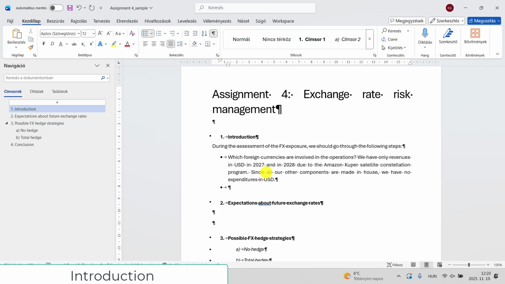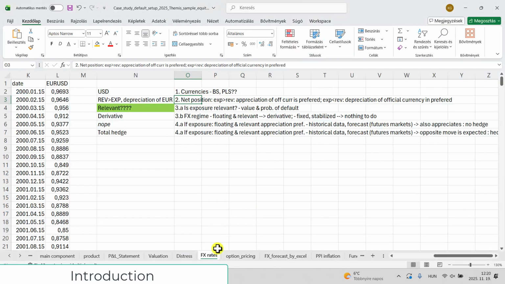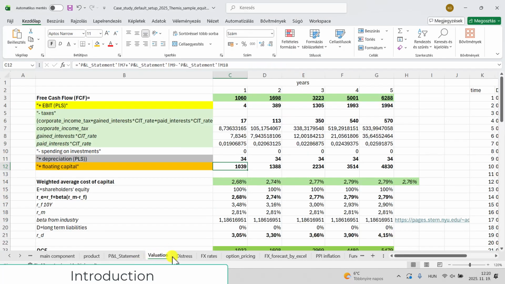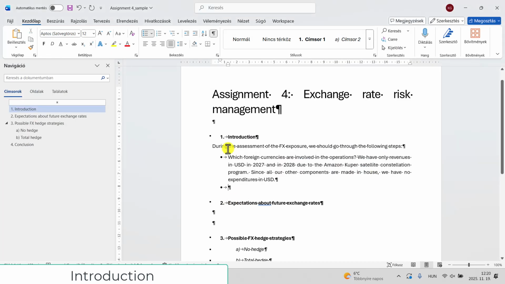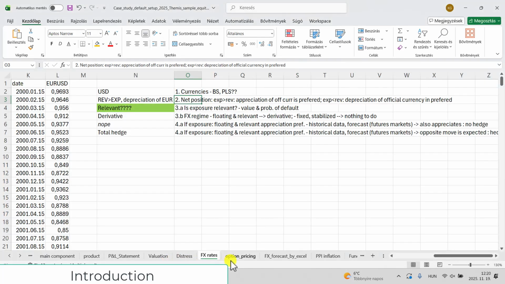We could say that fuel could be purchased for US dollars, but in this case I'm using methane. So this is natural gas, a refined version of natural gas, so it doesn't even have to be denominated in US dollars. So we can see that only the revenues are denominated in US dollars. Then we have the net position.